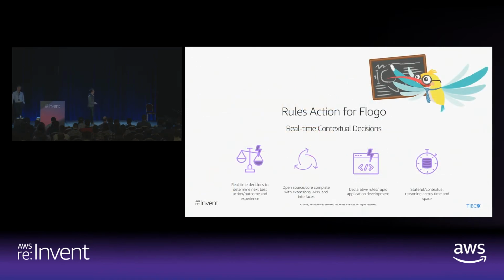And then lastly, that brings us to FlowGo Rules. FlowGo Rules is our contextual decisioning engine that's built on top of the same application kernel, and that's part of the ecosystem, okay? One of the use cases with FlowGo Rules is that classic event processing use case, right? So you consume events.